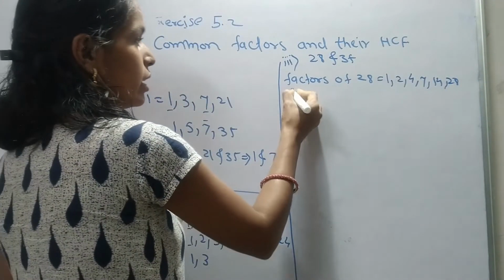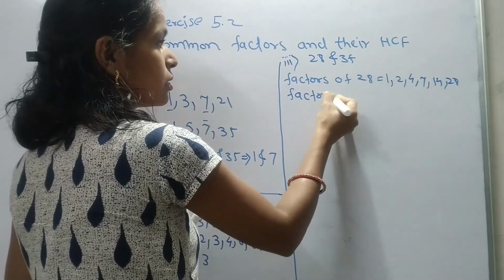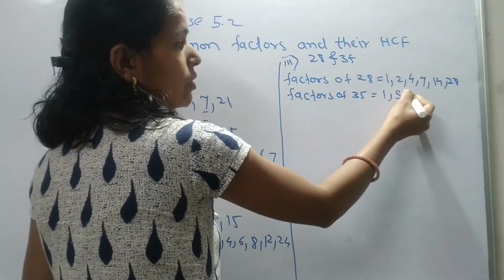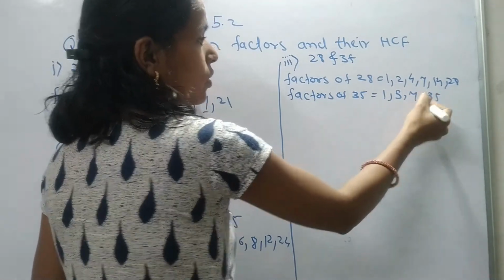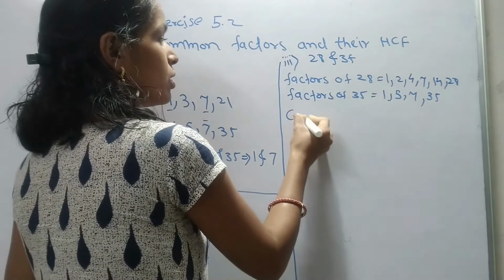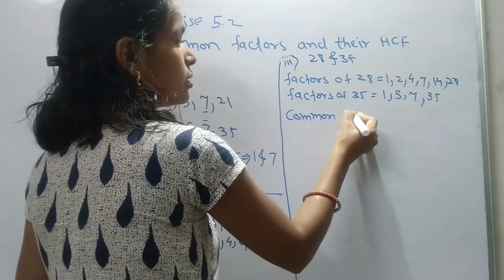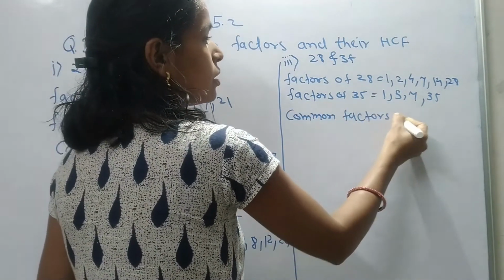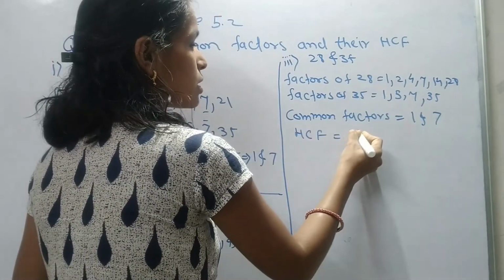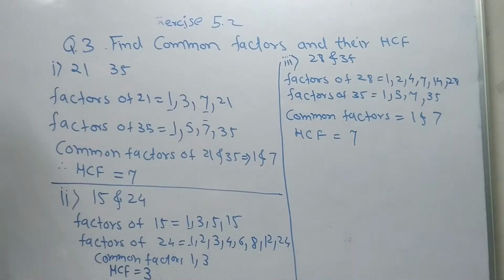Then write the factors of 35. What are the factors of 35? 1, 5, 7, 35. So let's write the common factors of 28 and 35. They are 1 and 7. 7 is the highest of the two factors, therefore the HCF is 7.